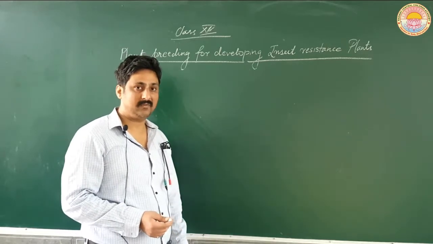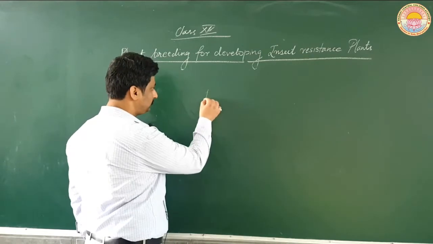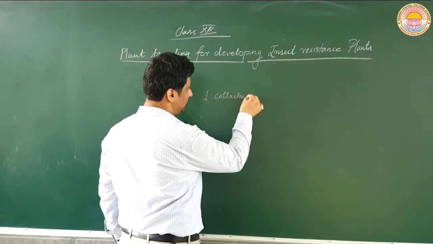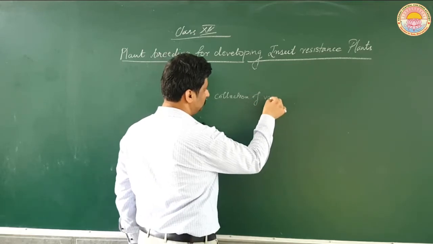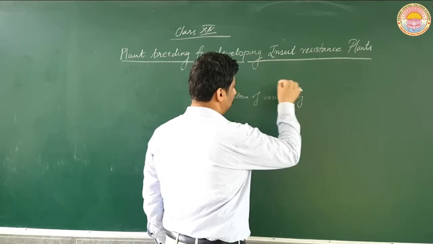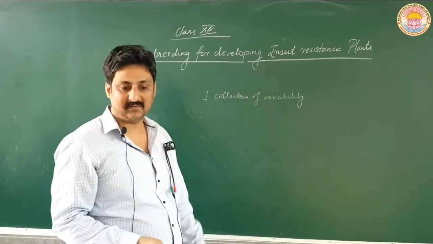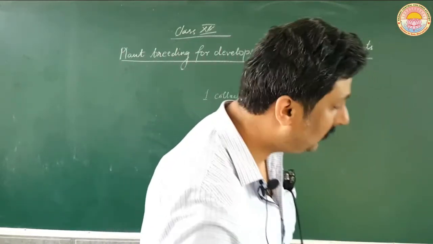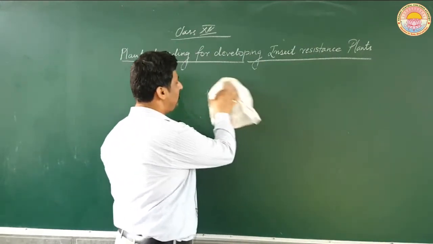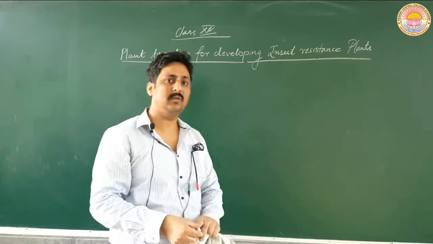For example, it started with collection of variability, or germplasm collection. All these are included here also. In any kind of plant breeding, the methods are more or less similar.